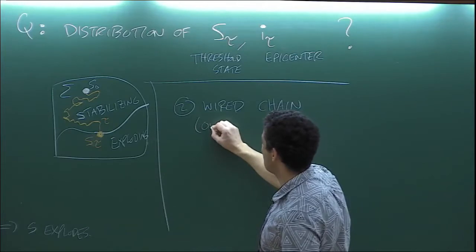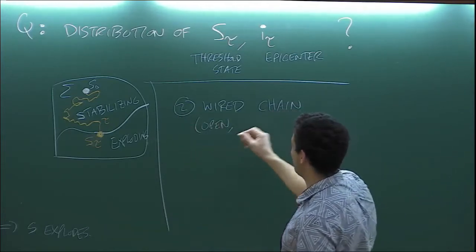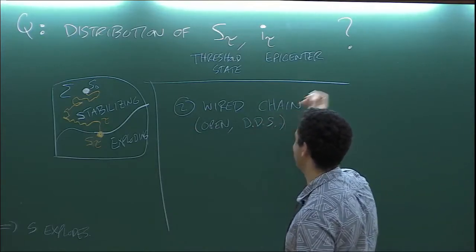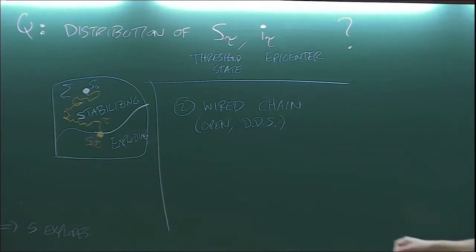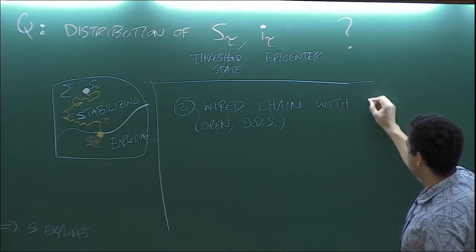So you could also call this the open chain, or in contrast to fixed energy sandpile, you might call it driven dissipative sandpile. And this one allows sand to leave the system.